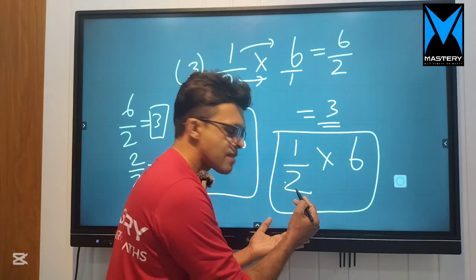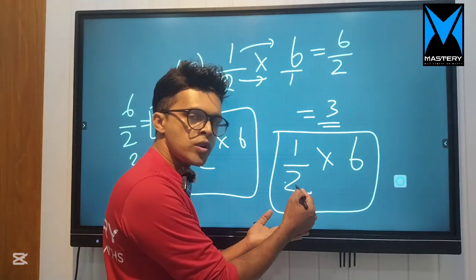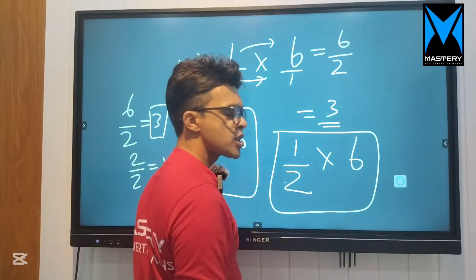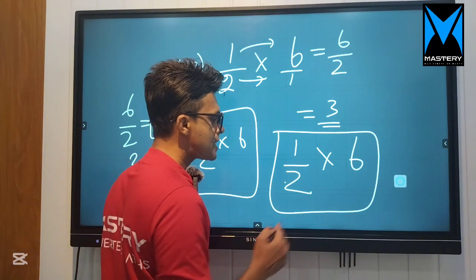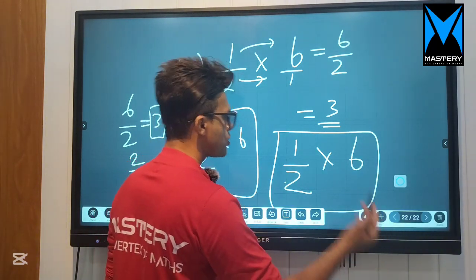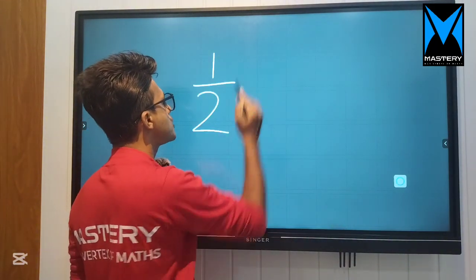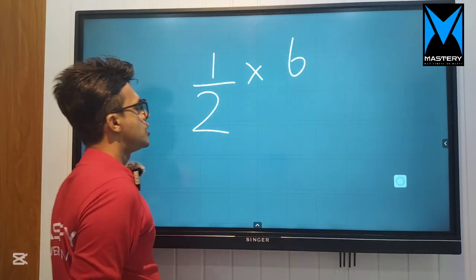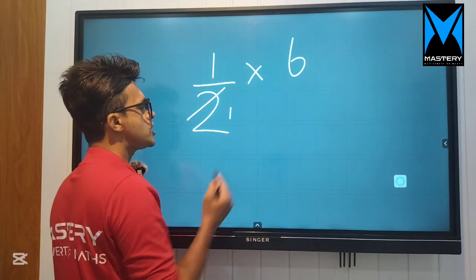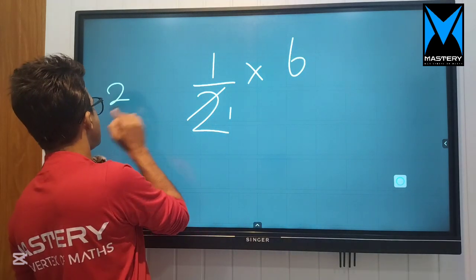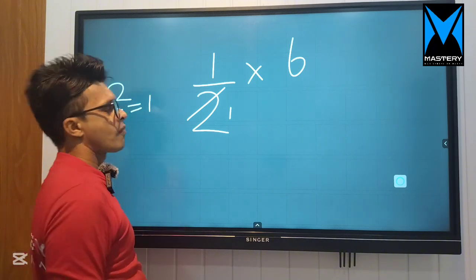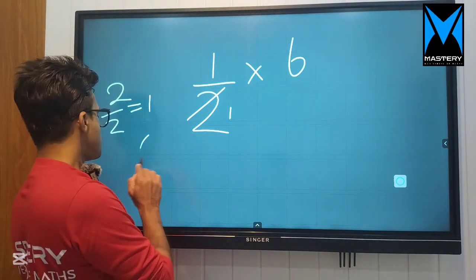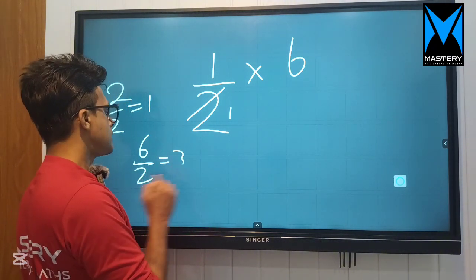Therefore, this 2 is divided by 2, and 6 also divided by 2. Then this is written as half into 6: 2 upon 2 is 1, 6 upon 2 is 3.